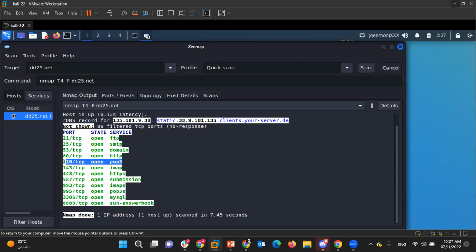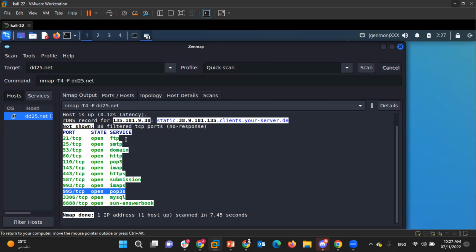POP3 is an insecure port, but POP3S is a secure port. So when the client needs to use a mail server, he should use the secure POP3 port.